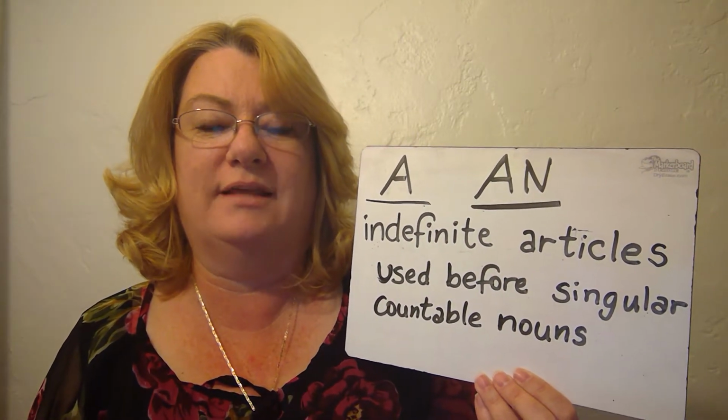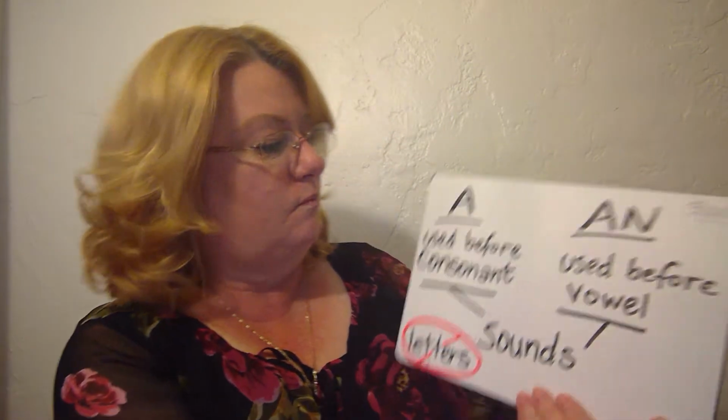It's going to be based on the first sound. I know as little kids, when I was learning in school, we based it on the first letter, consonant or vowel, but that doesn't work. It's the first sound. So let's look at this.